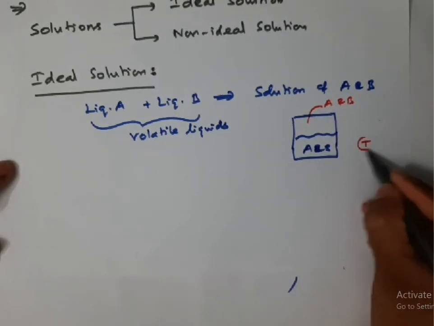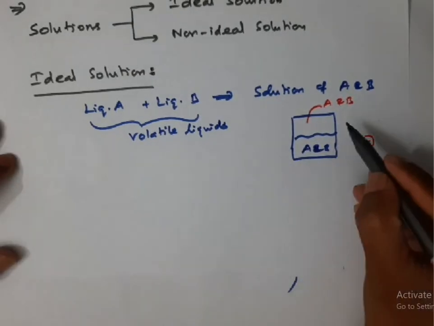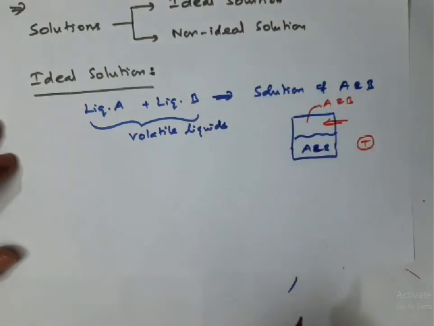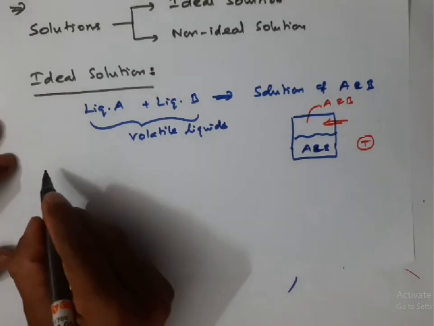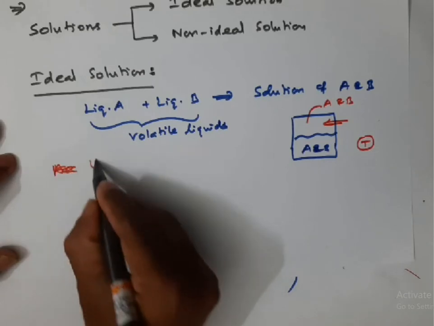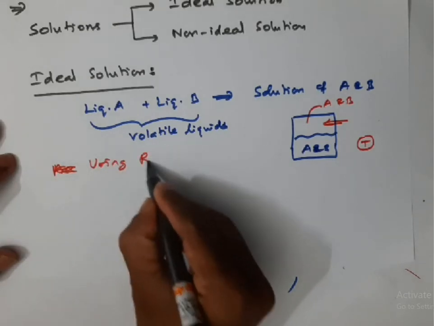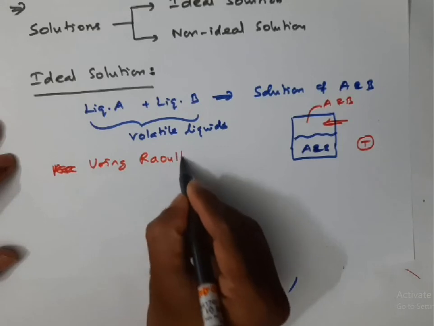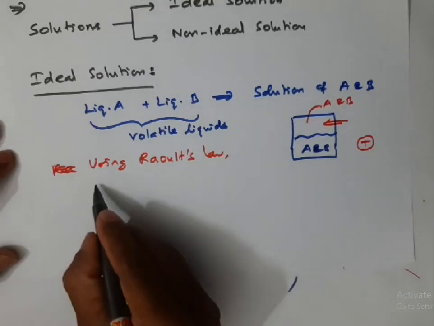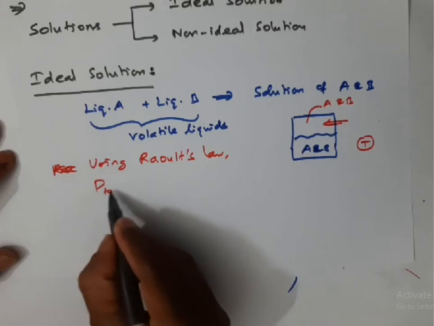At temperature T, I'll calculate the total vapor pressure using Raoult's law. What is the total vapor pressure?